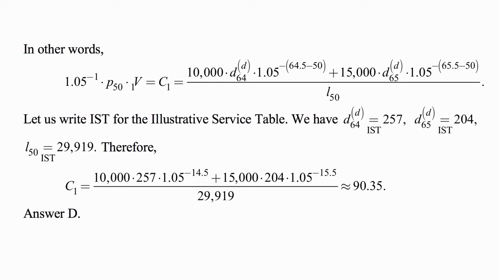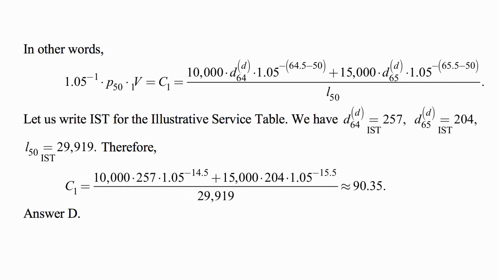It accounts for the death, and then it's divided by L50, so it amounts to a probability of the death, and it's the amount of the benefit discounted, plus $15,000 paid for death in service upon reaching age 65, and paid at age 65.5 in the middle of the year. I know it's strange, but that's the way the problem is set up.